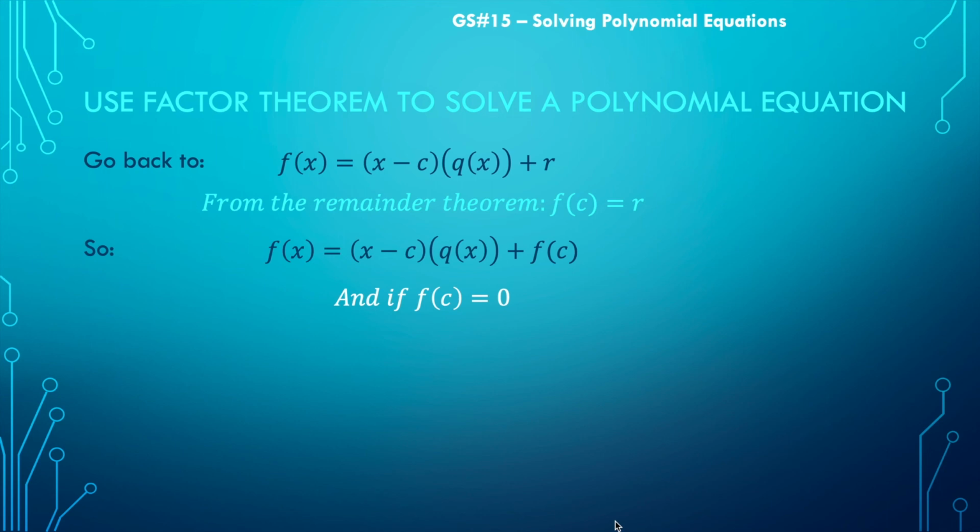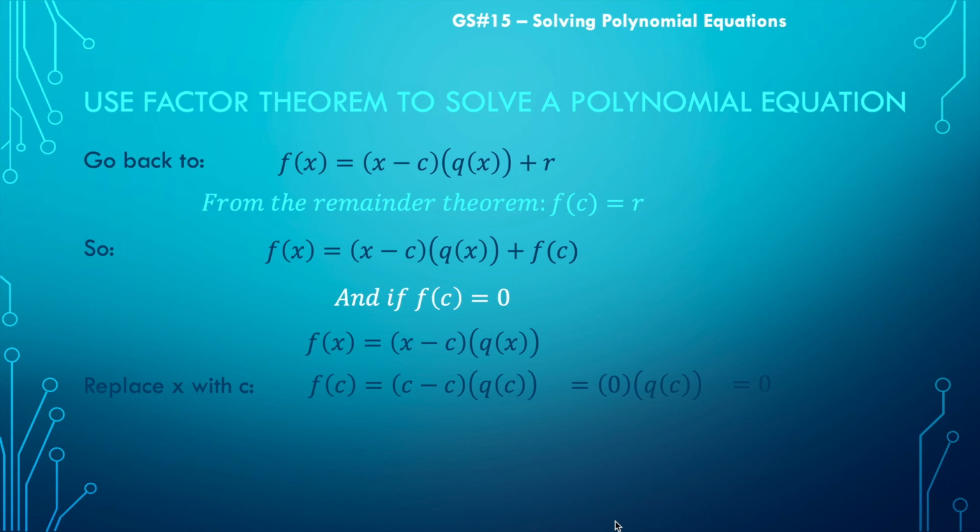There's no remainder. And then what if we go one step further and evaluate f of c? Then f of c would be c minus c times q of c, which is just 0 times q of c, and that would just end up being 0.